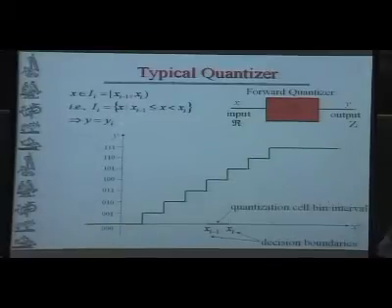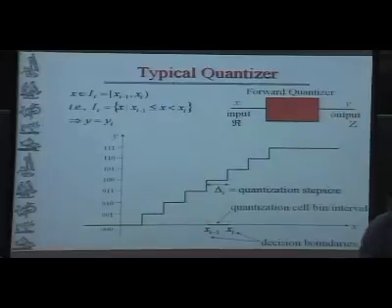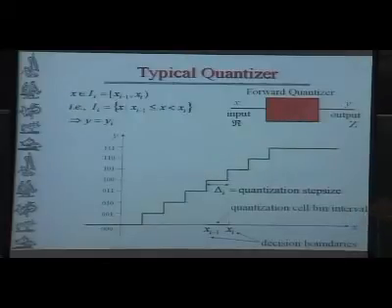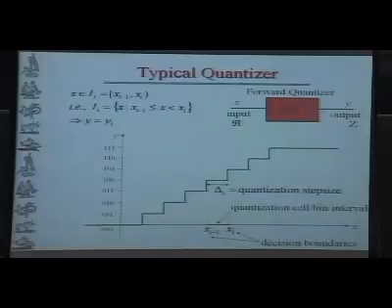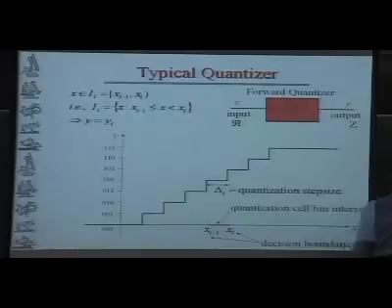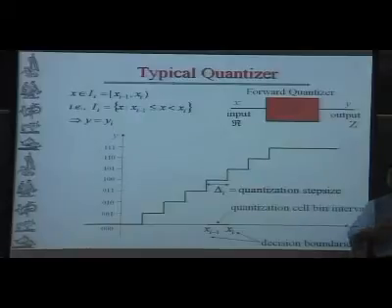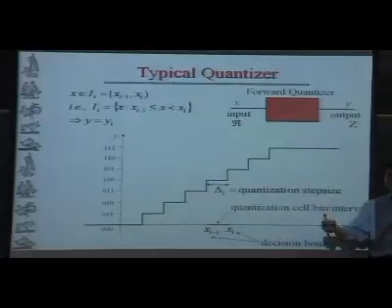Now, the size of the interval is called the quantization step size. And this is extremely important because the step size determines the amount of information that you'll be throwing away, right? If you have a large quantization step size, you would imagine that there's a lot of confusion at the decoder.